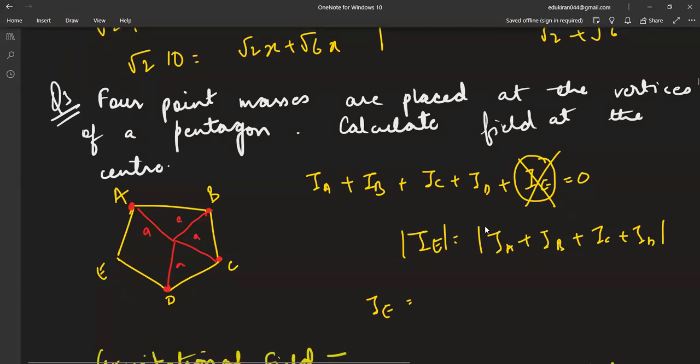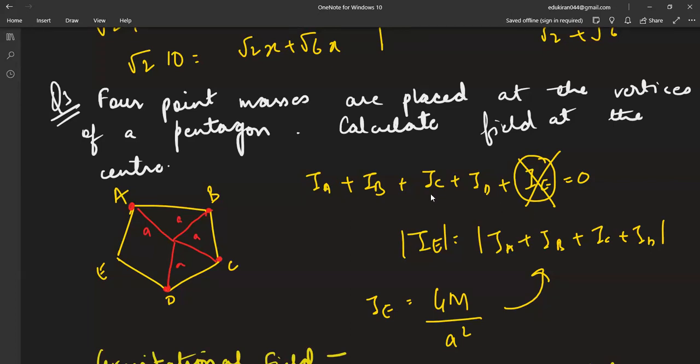So because of all the 4, you can notice that you are getting it equal to that of the single mass. It means IE is what? IE is G M by A square, which is equal to the net gravitational field of all the 4 masses. So like this, you have to find this answer.